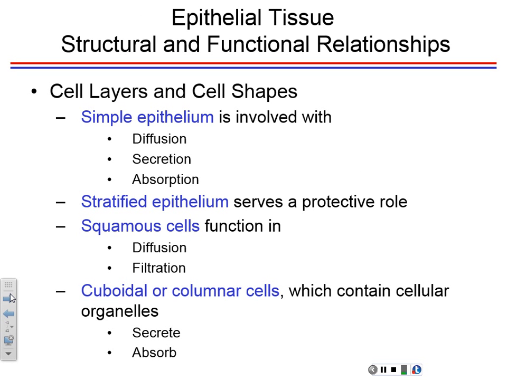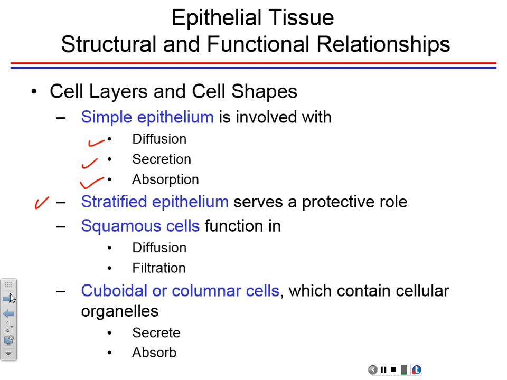You get diffusion and your secretion and absorption as well, so that you have less material to go through for that process. Stratified, of course, is going to be protection like the skin. It's many layers in the epidermis, and then not many, but the dermis is thick though. You've got 2 layers in the dermis, and then subcutaneous tissue.